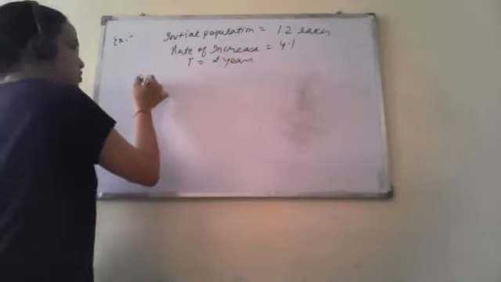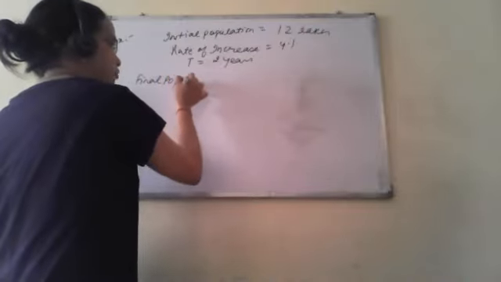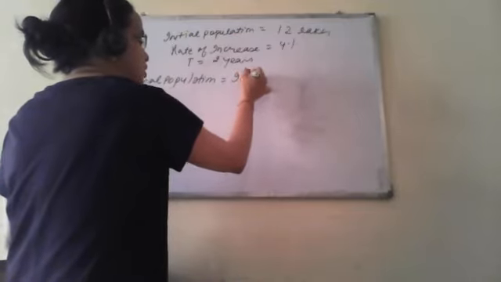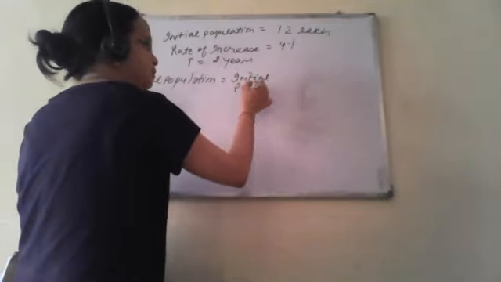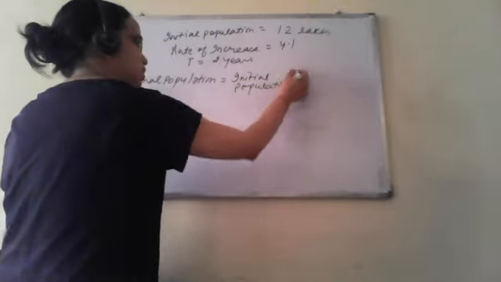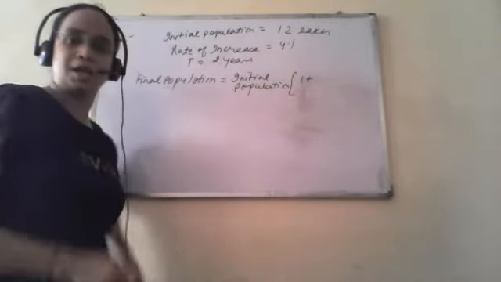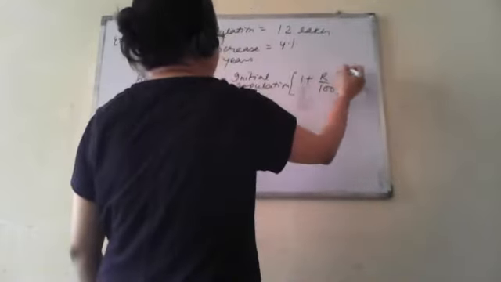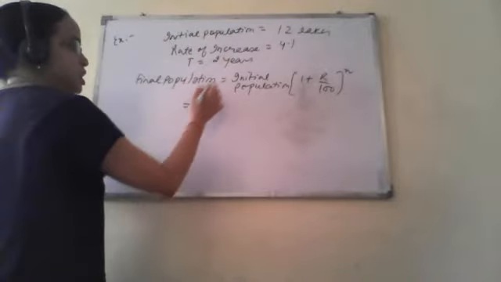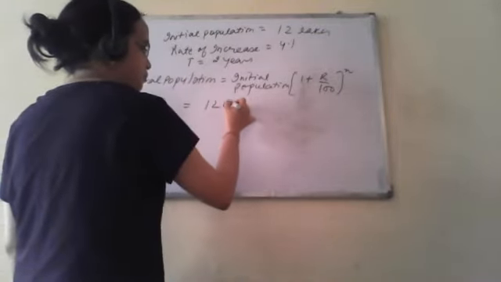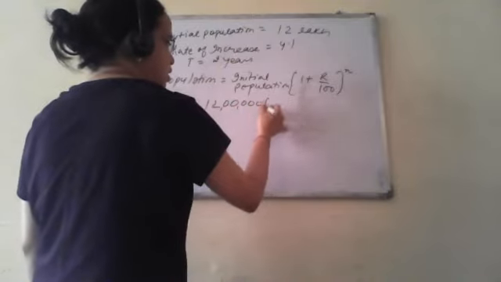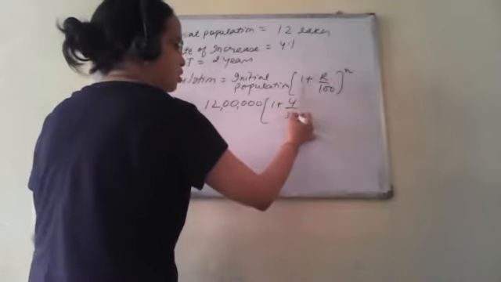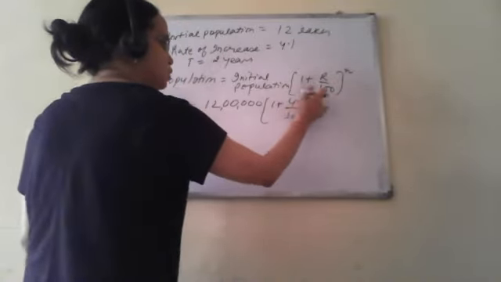So the final population will be initial population into 1 plus, because it is increasing, r upon 100 to the power n. n is 2 years in this case. Initial population is 12 lakhs, 1 plus 4 upon 100, n is 2.